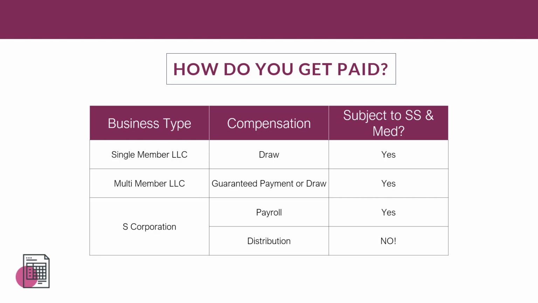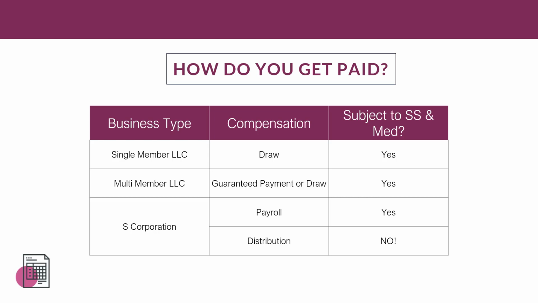However, as an S Corp owner, there are two different ways that you receive reasonable compensation from your business. The S Corporation requires you, the owner-officer of the business, to be an actual employee. This means you have to pull out a regular payroll from the company and withhold and pay all of the Social Security and Medicare taxes that an employer does.